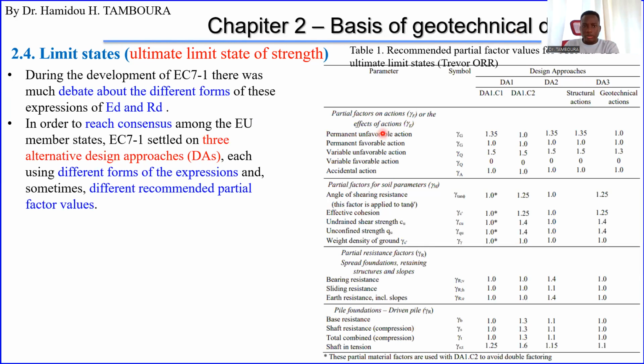So this table here is giving us the 3 design approaches with the partial factors, as you can see here.